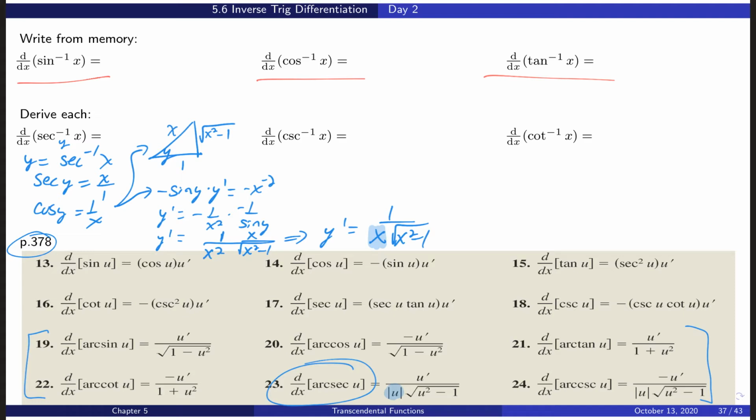If you look at sine and cosine, those are going to produce identical results with the exception of a negative sign. If you look at tangent and cotangent, those are going to produce the same results with the exception of a negative sign. And if you look at secant and cosecant, the derivatives of their inverse functions are the same with the exception of a negative sign.